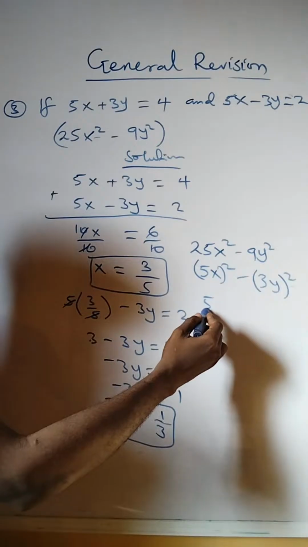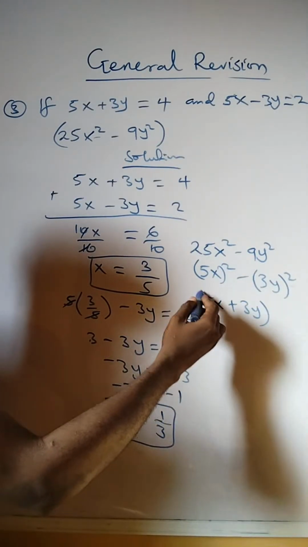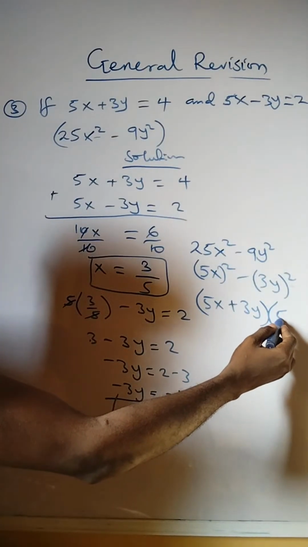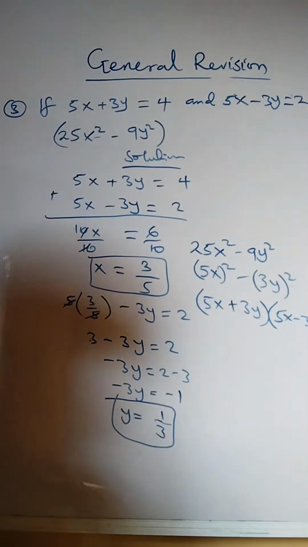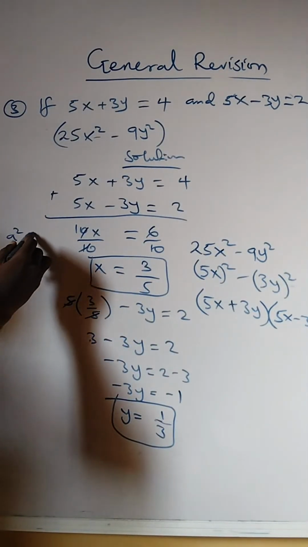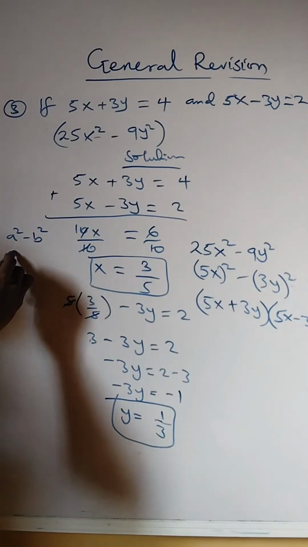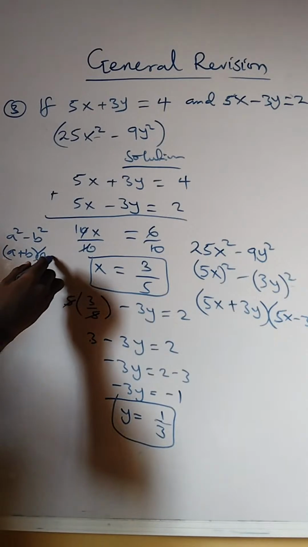So this becomes 5x plus 3y in brackets, times 5x minus 3y in brackets. When we apply the difference of two squares, a squared minus b squared is a plus b times a minus b.